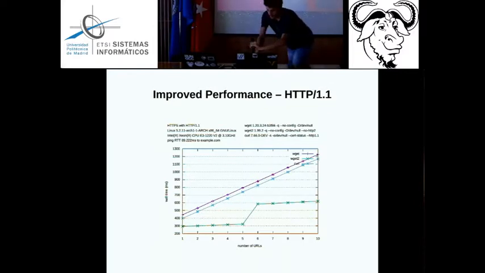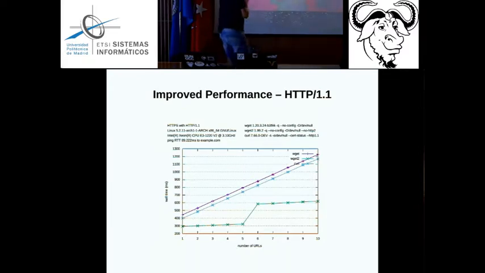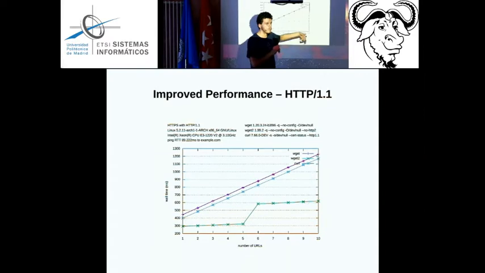Number of URLs along the bottom, wall time up the vertical axis. Here we have the wall time, which is the time of execution of WGET2 while we made this graphic. And here we have the number of URLs which were passed to WGET, WGET2, and curl.